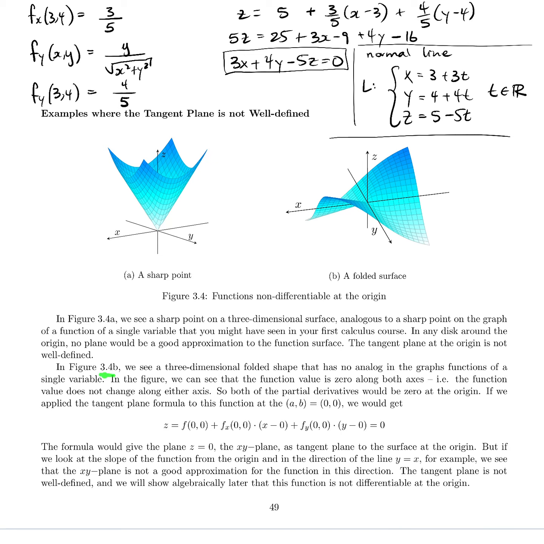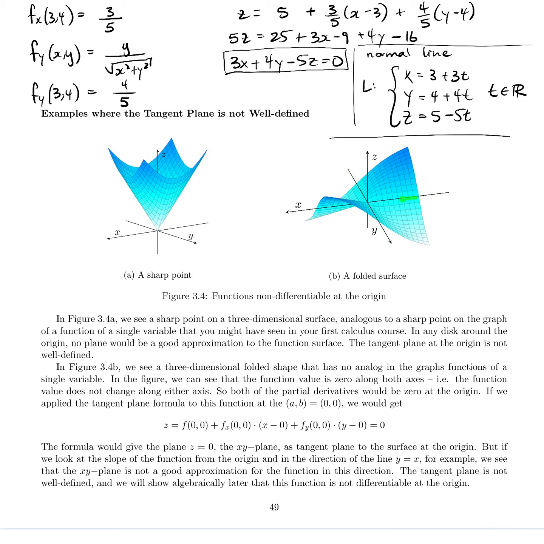In figure 3.4b, this folding surface doesn't look like it's particularly badly behaved, but actually it is. If we look in the figure, we can see that on those two axes, the function value is 0.